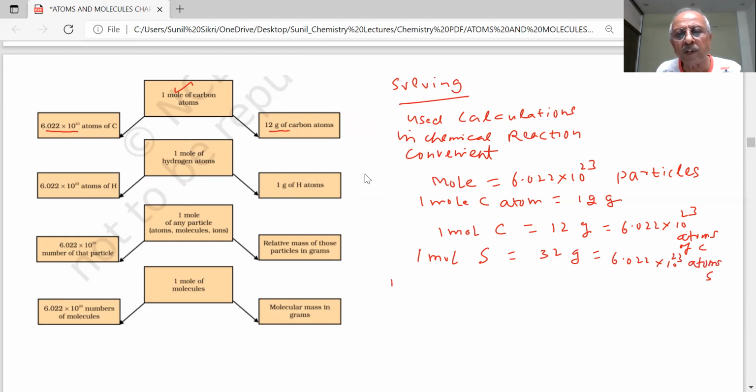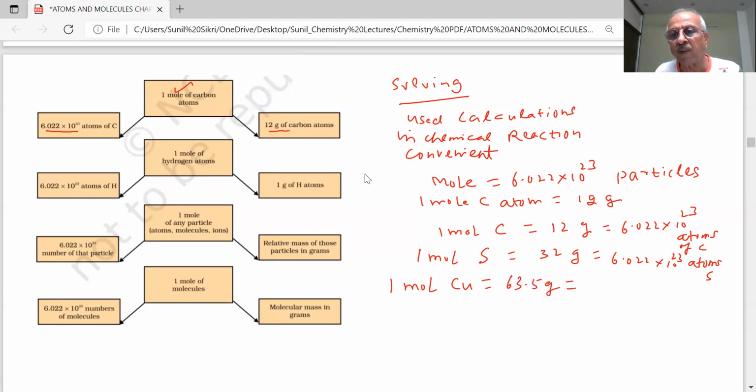Now I'm putting 1 mole of copper. How much will be the mass of 1 mole of copper, students? Check the value of the gram atomic mass of copper. How much is it coming? 63.5 grams.